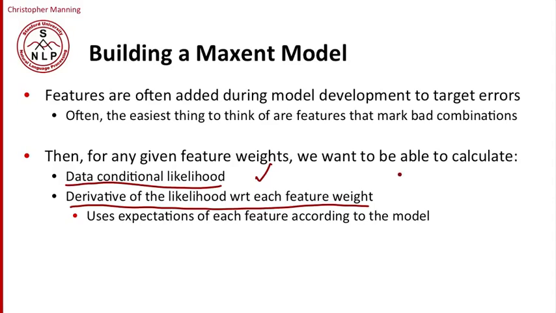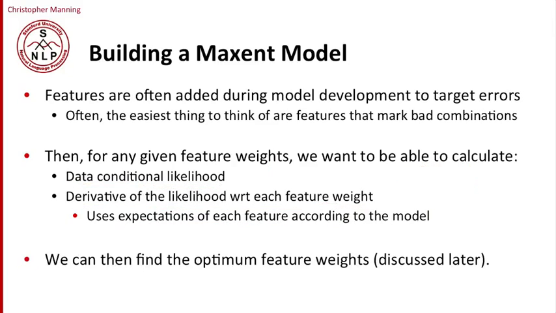So we're going to want a partial derivative of our overall probability according to a particular feature weight lambda i. This is what we're going to work through the math of in the next section, but crucially to do that, what we're going to end up doing is using those two feature expectations that I defined earlier. And so using those two things, we'll then be able to work out these optimum feature weights.